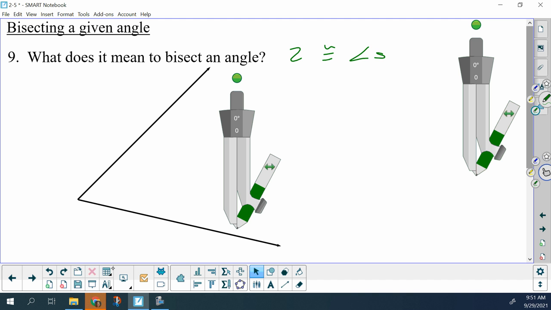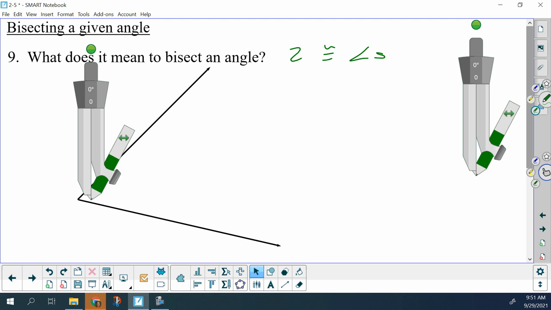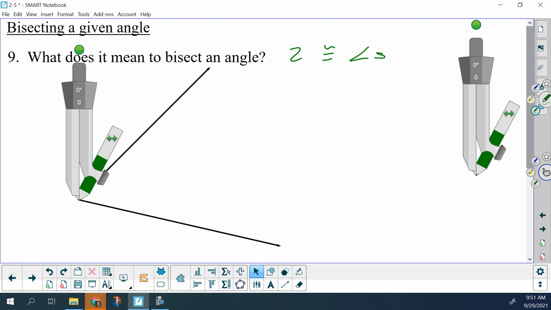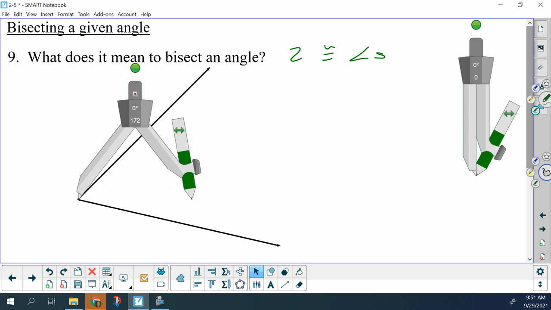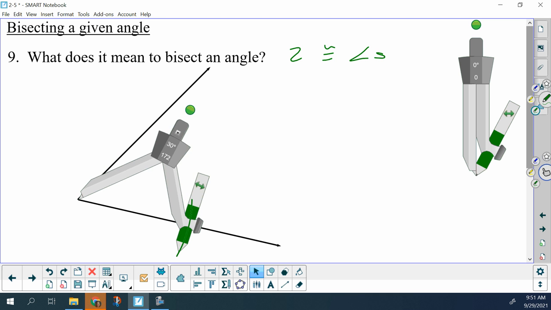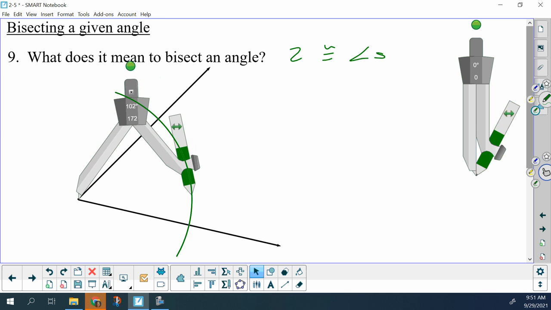Okay. Take your compass. Stab the vertex. Open it any amount you want, as long as it hits the two sides. Now, you know that the ray I'm talking about has to come to the vertex, right?